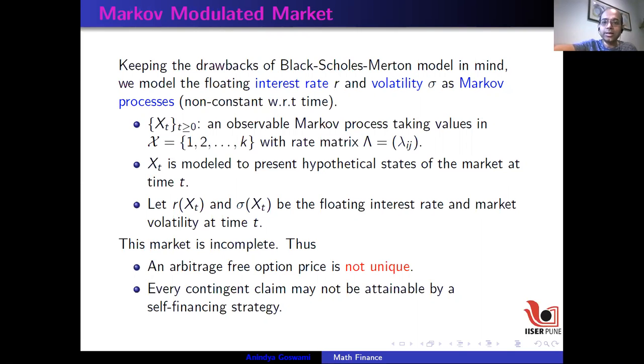That random variable may not match the claim, but try to find your strategy such that on average it matches the claim's average, and then basically your end result, what you can replicate, is very close to the claim.